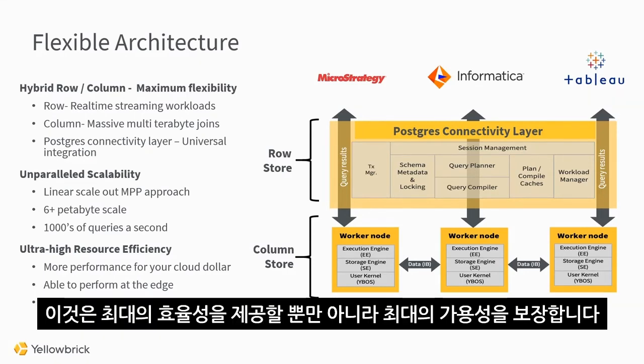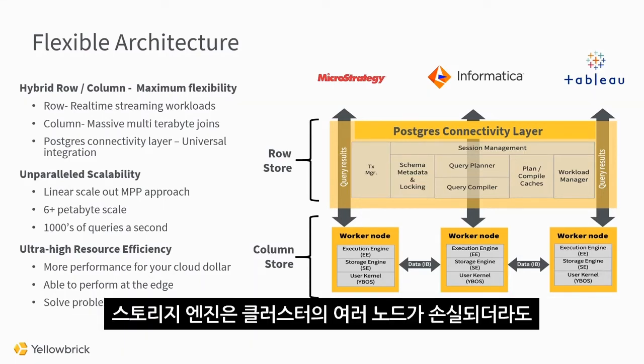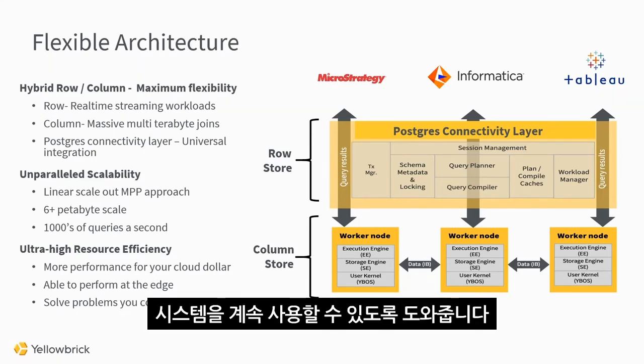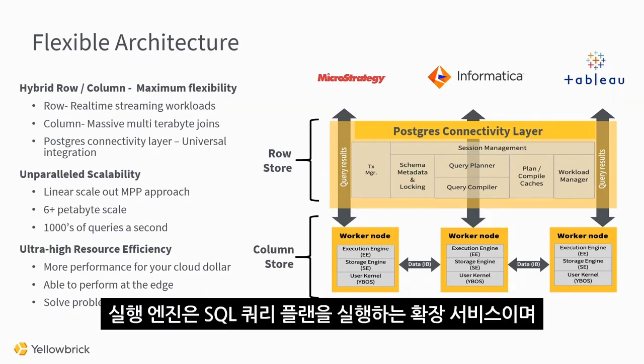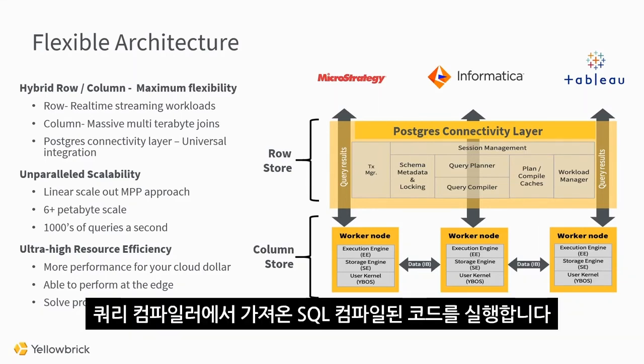This not only offers peak efficiency, but also ensures maximum availability. Our storage engine ensures that even if multiple nodes in the cluster are lost, the system is still available. Our execution engine lives on top of that storage engine and is also a scale-out service that executes SQL query plans. They run the SQL compiled code from the query compiler in a massively parallel fashion.